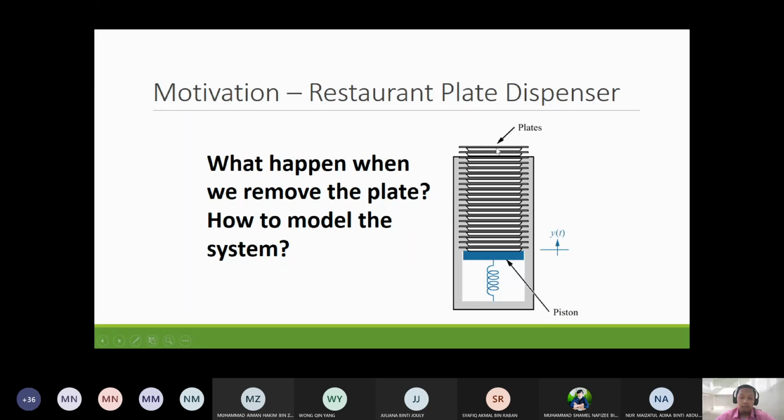Whenever a plate is removed, the spring will have less load, and because of less load, the spring will extend, causing the platform to rise up, and the next plate will be on the top. So you can just take the plates until all of the plates are removed.